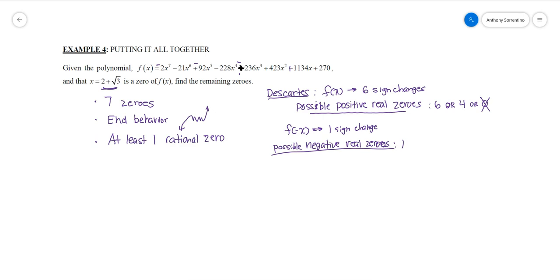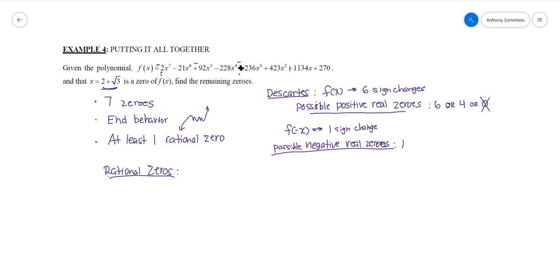And the last thing I can look at is the rational zero theorem. Because the leading coefficient's a 2, and 270 has a lot of factors, me listing all the possible factors would be quite a lengthy list.